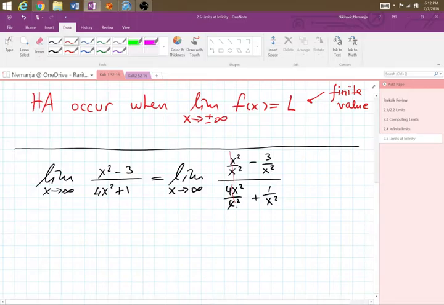You cancel all the x squares that you can, and what you get is the limit as x goes to infinity of (1 minus 3 over x squared) divided by (4 plus 1 over x squared).